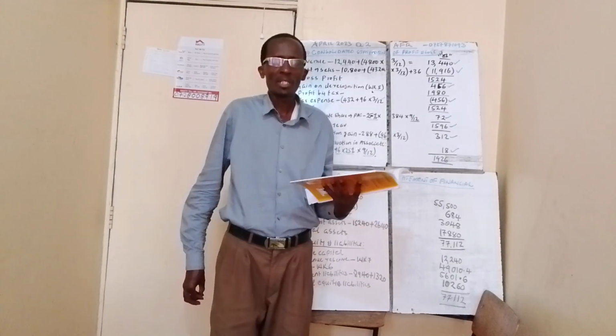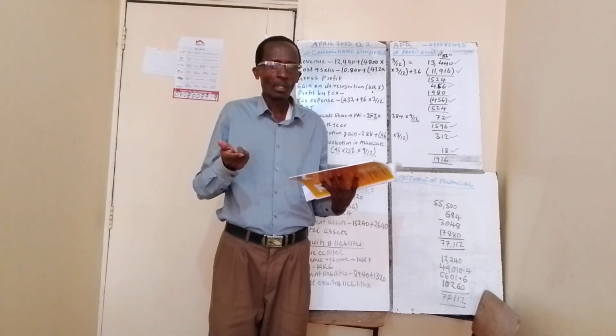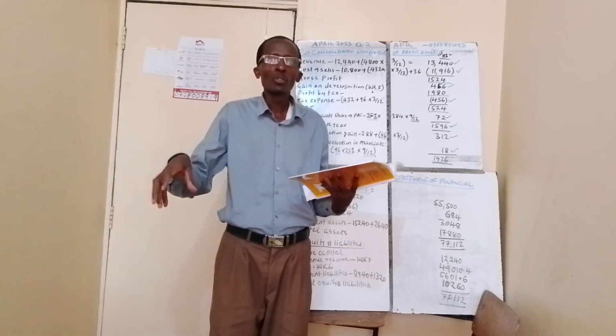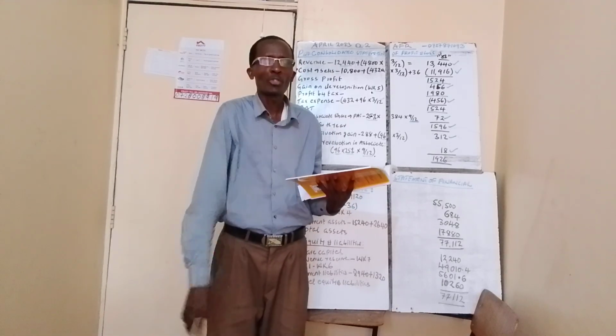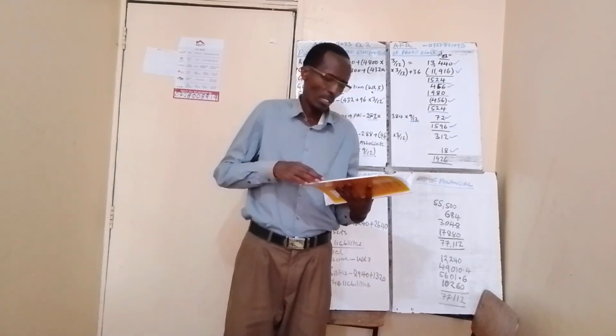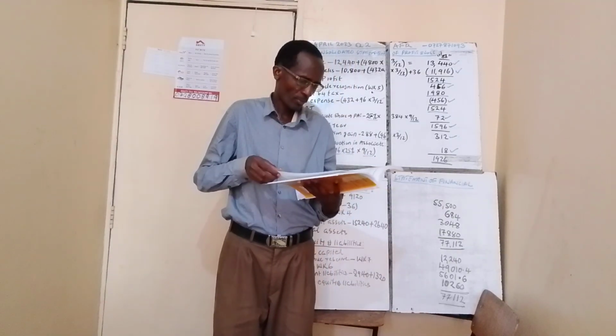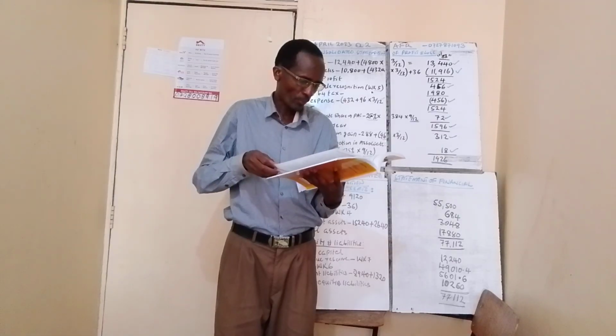A good example we have said is a borehole which supplies the factory with water. So that borehole is supporting the manufacturing. So that qualifies for ID at 15%. So we have discussed that before.